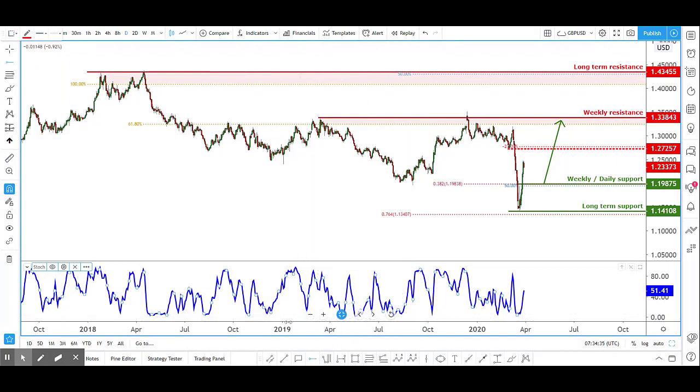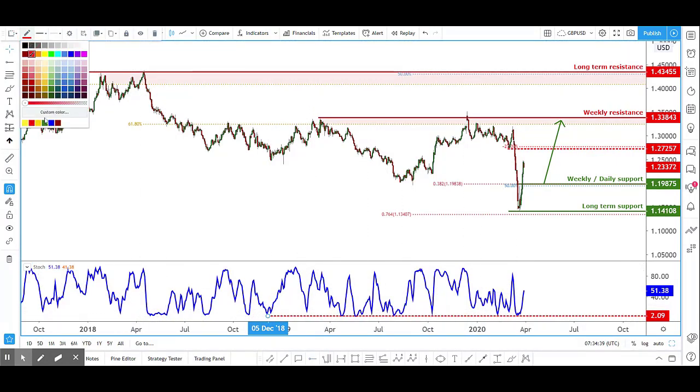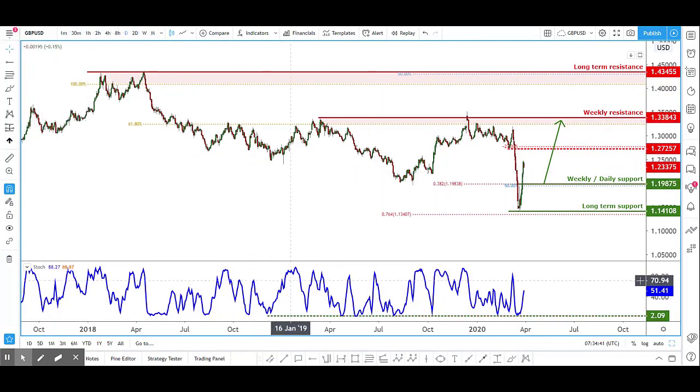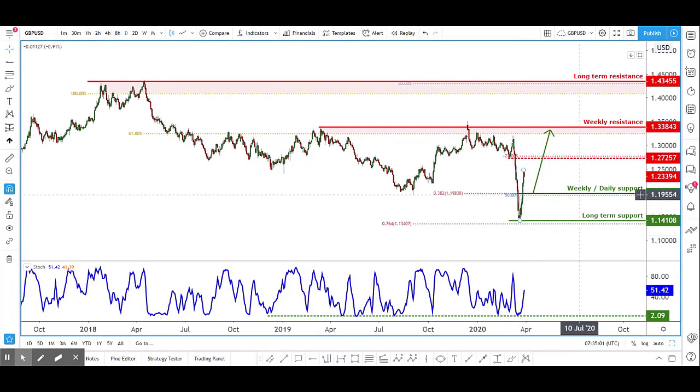If I were to put in a level, say somewhere here, intermediate support, you see that every time stochastics touches the support level at 20, price makes a strong push upwards, like over here, and even over here, and even over here. So there's still quite a bit of room to go. I will maintain this bullish bias.